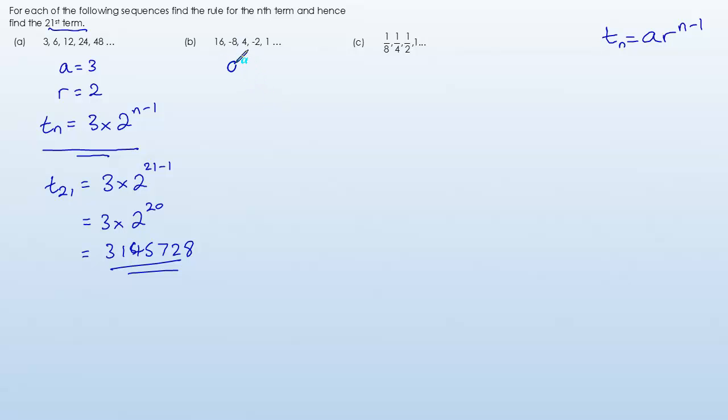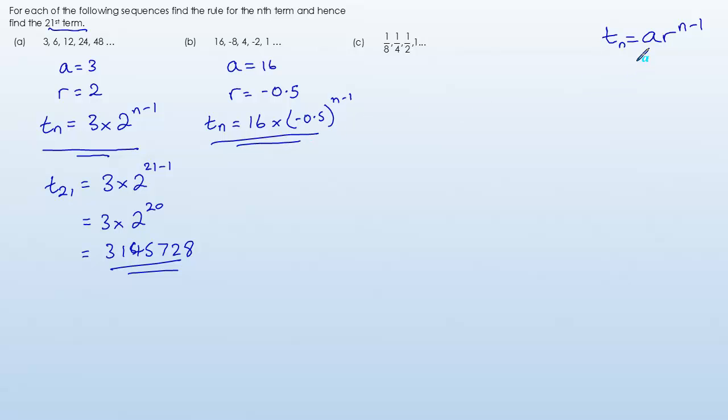Now, with this sequence, we decided that A was equal to 16, and that R was equal to negative a half, or we could write that as negative 0.5. And therefore, Tn is 16 multiplied by negative 0.5 to the n minus 1.